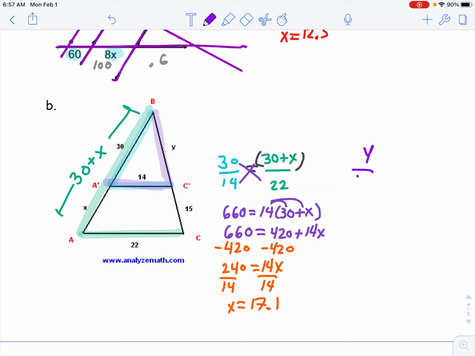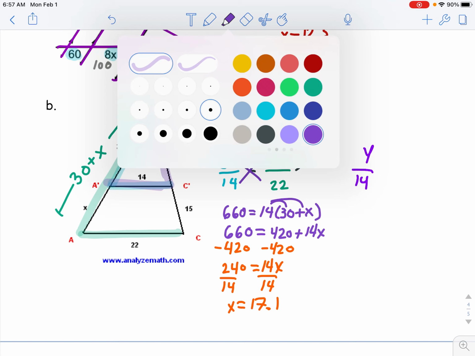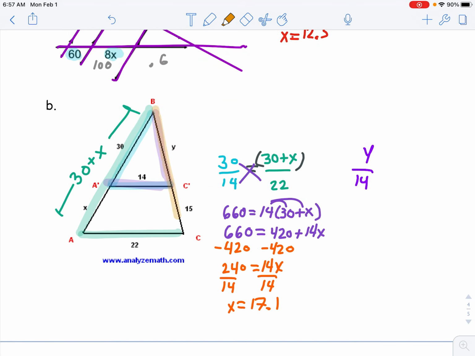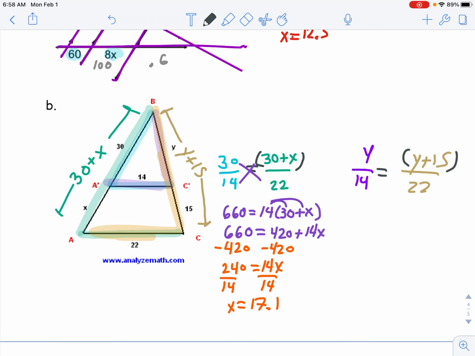So I can say, well, I got y to 14, and then I got, well, what's that side right there? y plus 15 is that whole thing. So then I can say y plus 15 over 22. So again, incredibly similar problem, a lot of the same thinking going on.